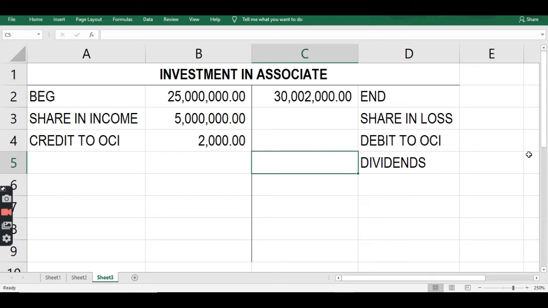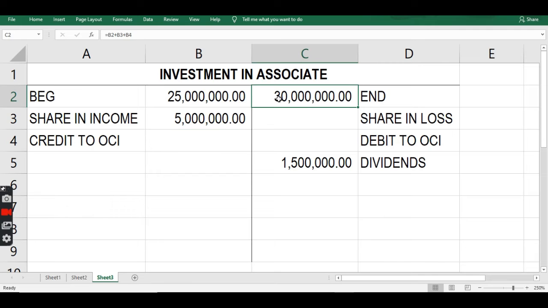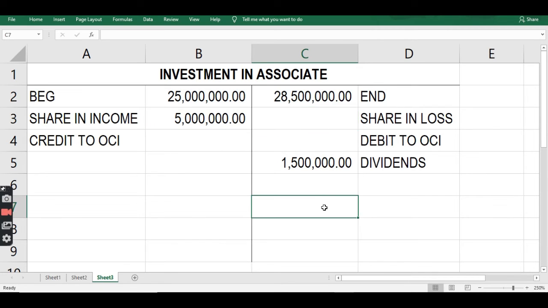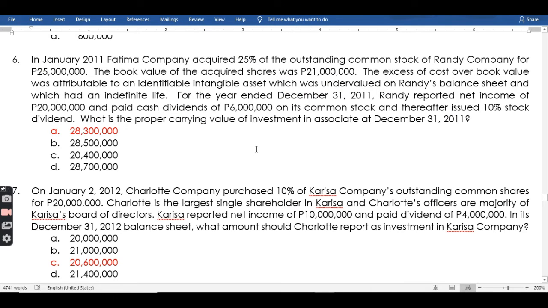So, yung dividend dito, that's going to be 6 million times 25%. So, ang gagawin natin ngayon, that's going to be ito plus ito. Dagdag ko na nga sa formula para automatic yung adjustment. Yan. So, ang lalabas ay 28,500.